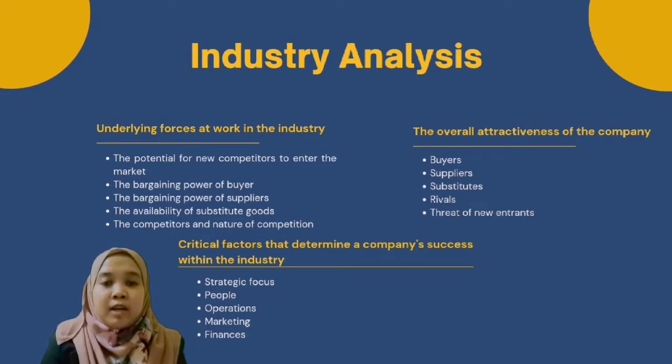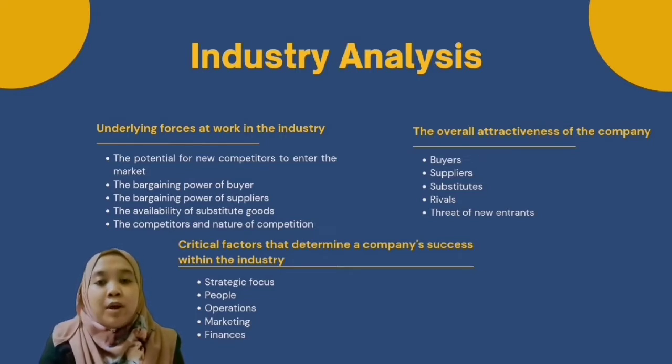Third, the bargaining power of suppliers. Next, the availability of substitute goods. And last, the competitors and nature of competition. Those five are the forces of rivalry among firms in the industry. Therefore, the company should focus on these five forces when making an industry analysis.